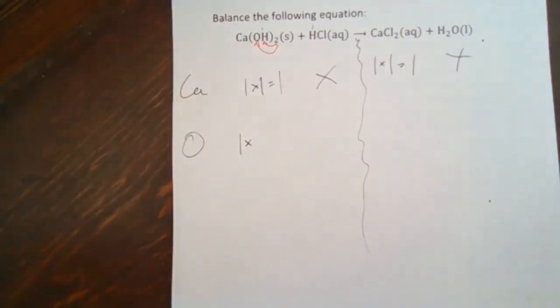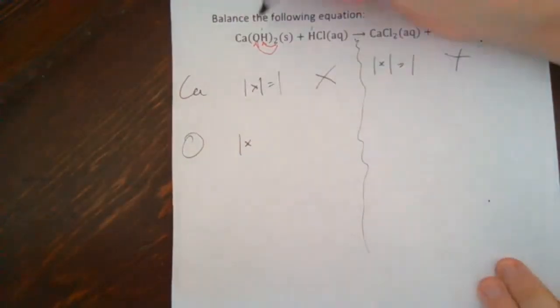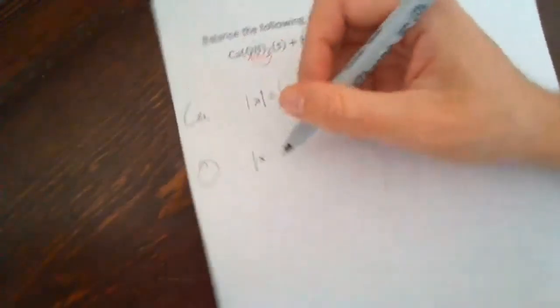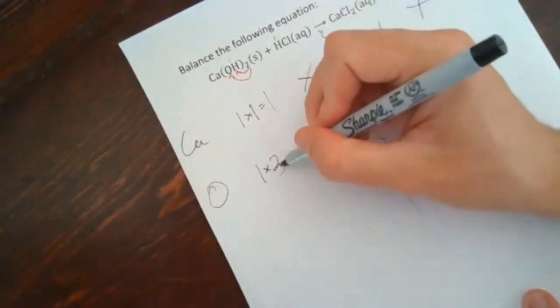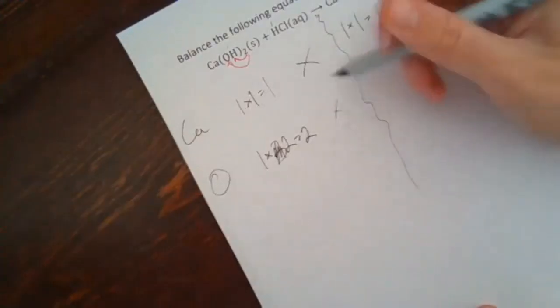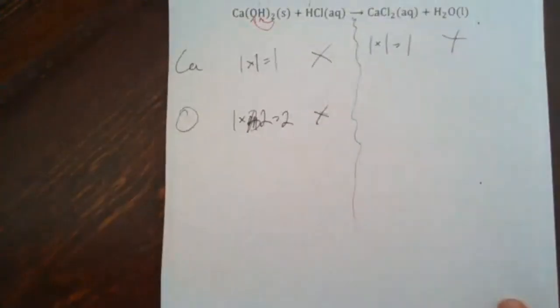Each one has 1 O per ion, and I have 2 of the ions. So that means this is going to be, whoopsies, a 2, which means that I have 2 O atoms. There are no O atoms here.